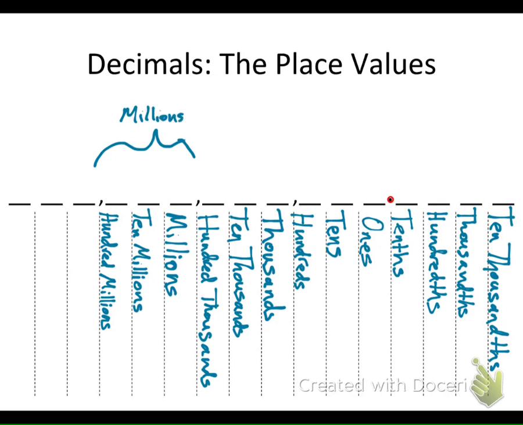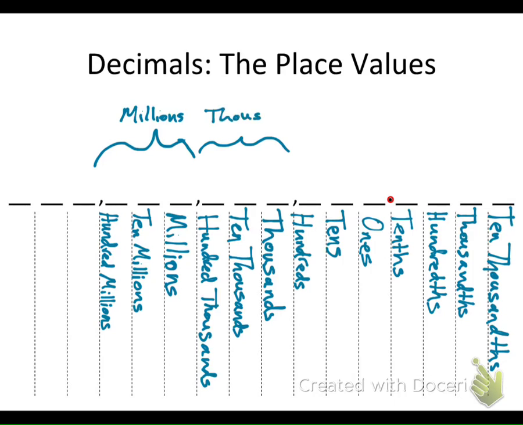And your next one. What's the common word for all three of these place values? Thousands. Good, Kelly. So go ahead and write this in your notes.